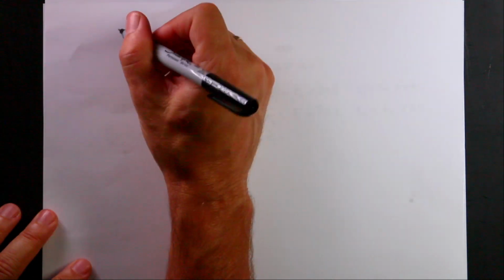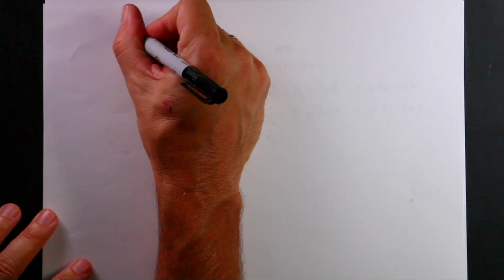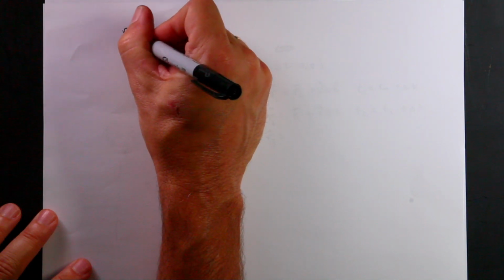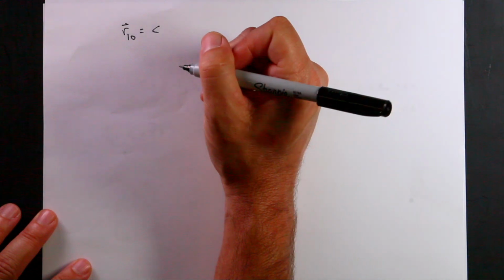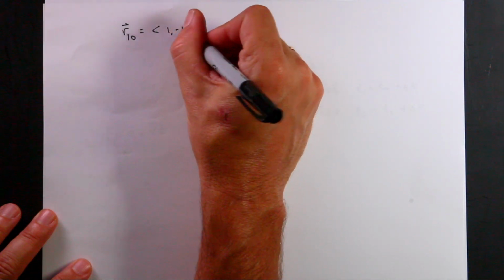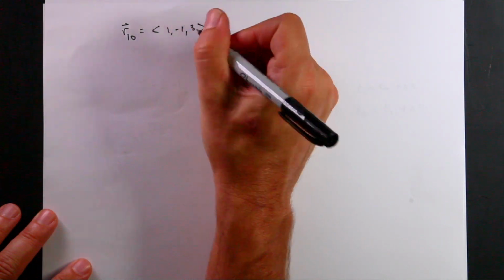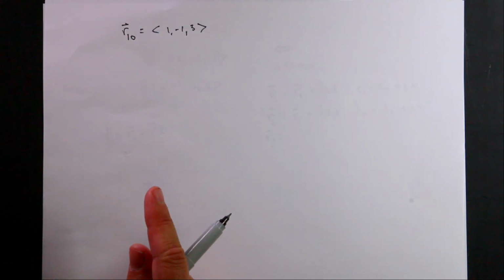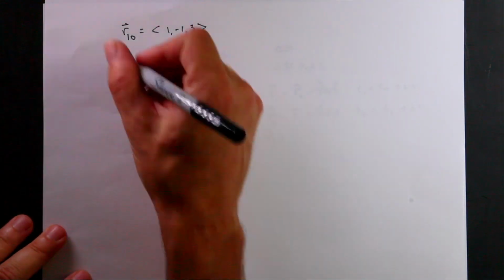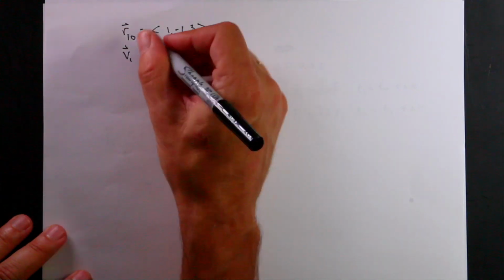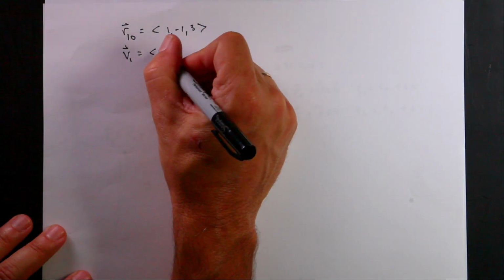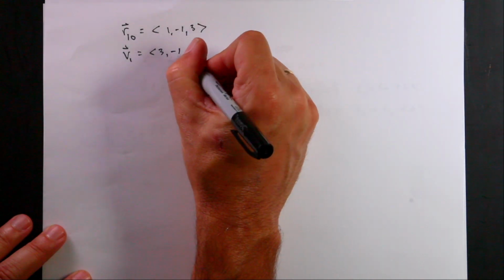So line 1, I'm going to call this R10, that's the initial point. It's going to be equal to 1, -1, 3. And then at the end, I'll show you how I got this value so that it'd work. V1 is the velocity for that one, and it's going to be equal to 3, -1, 1.